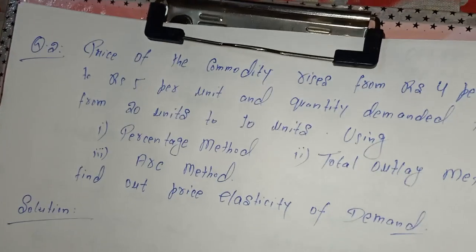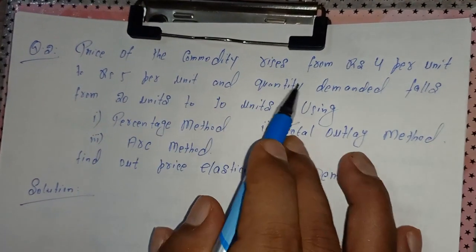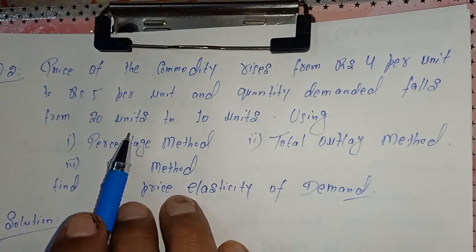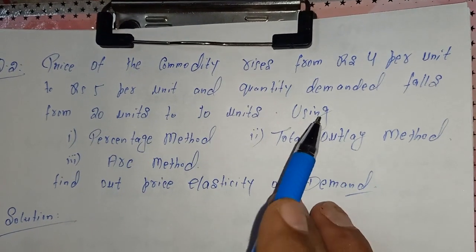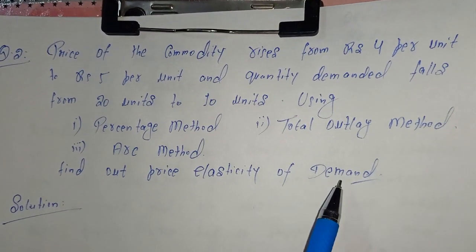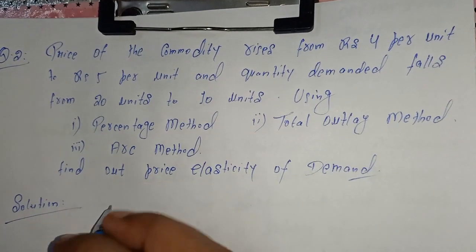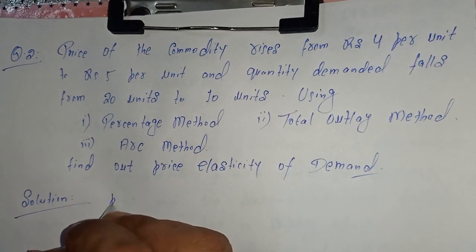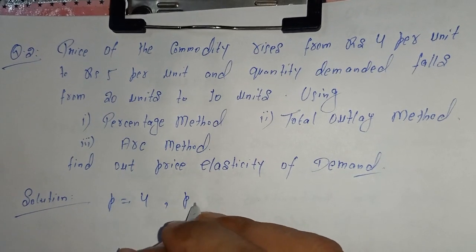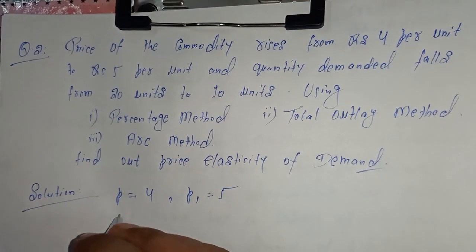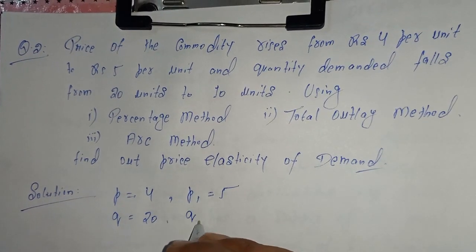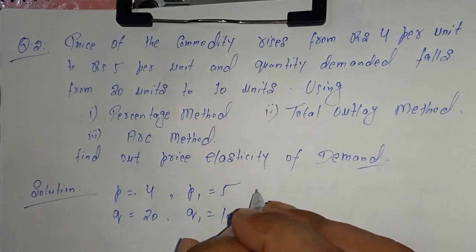Second example is this one. Price of the commodity rises from rupees 4 per unit to rupees 5 per unit and quantity demanded falls from 20 units to 10 units. Using percentage method, total outlay method, and arc method, find out price elasticity of demand. What information is given? P is equal to 4, P1 is equal to 5, Q is equal to 20, Q1 is equal to 10.